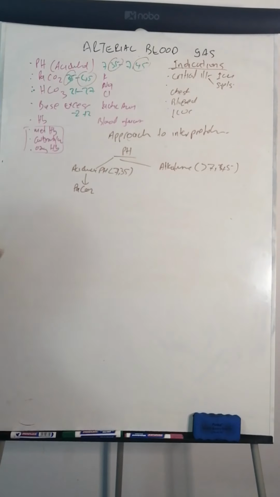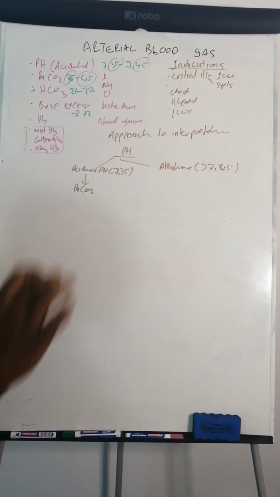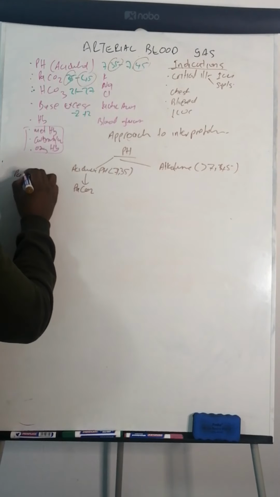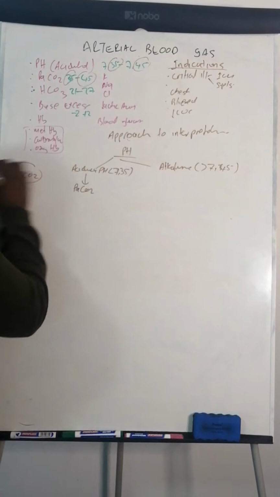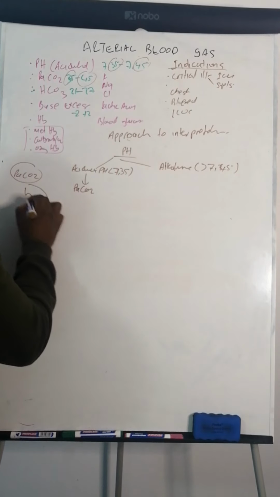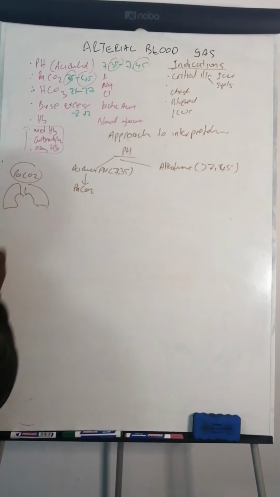You need to look at the partial pressure of CO2 and see, does it agree with acidosis or does it not agree with acidosis? Remember, the partial pressure of CO2 can either agree with the acidosis or it can disagree with the acidosis. The only thing that controls the partial pressure, the levels, is the lungs. There's nothing else, is the lungs.